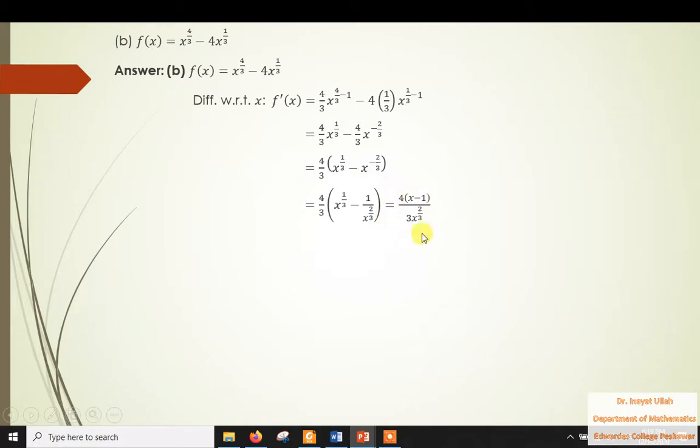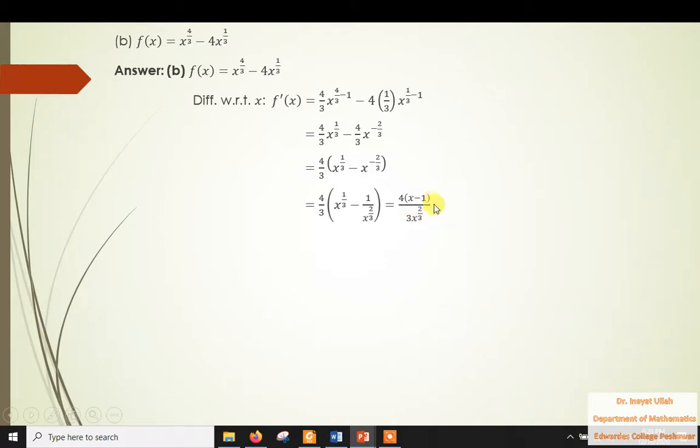For critical values, we see that this f prime is actually a rational function which contains variable in numerator and denominator.